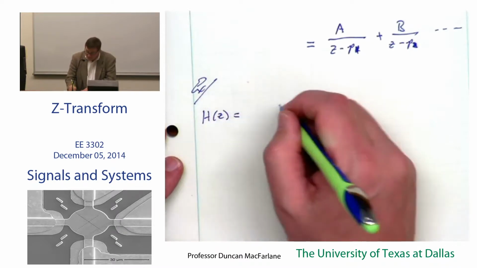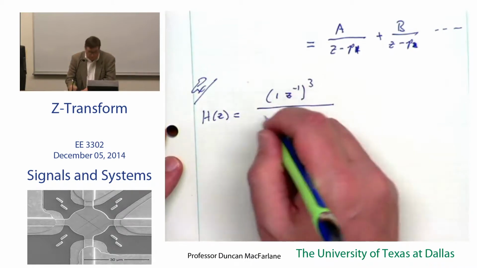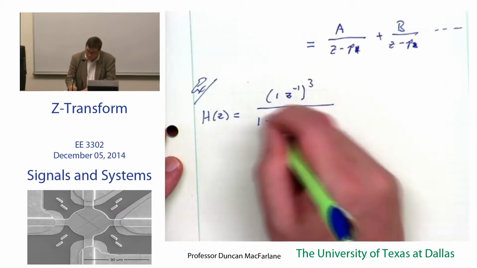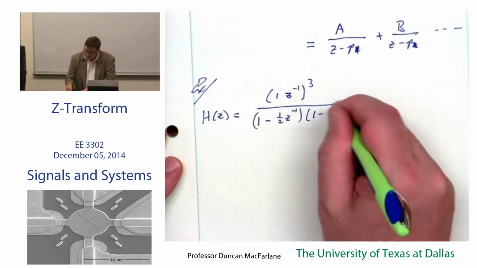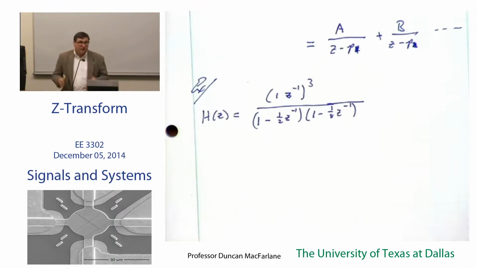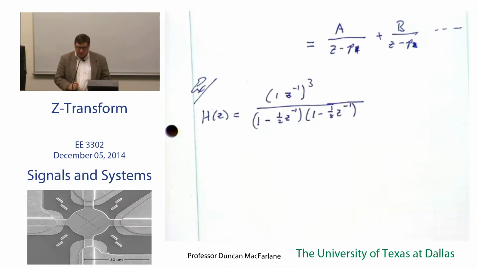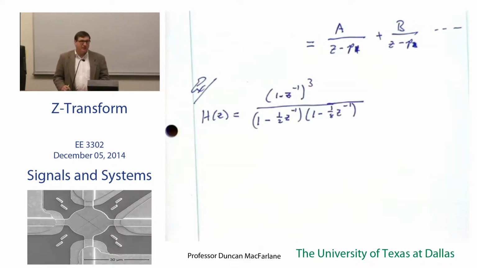H of Z. So I'm just making up a transfer function, which we can now do. What this says is I want a pole at a certain position here, a pole at a position here, and I want 3 zeros sitting up on top like that.